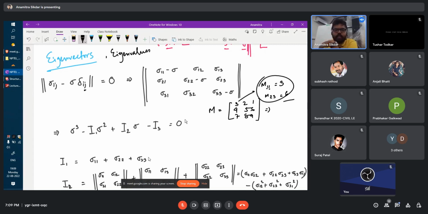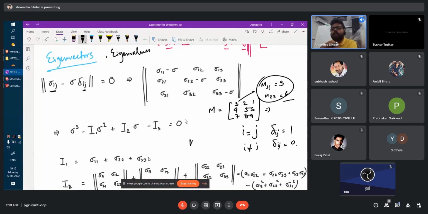And this is how sigma 11, sigma 12, sigma 13, we all use this index notation here. So this whole matrix we can represent with just sigma ij. Kronecker delta is defined such that if and only if i is equal to j, then delta ij becomes 1. Otherwise, if i is not equal to j, then delta ij becomes 0.